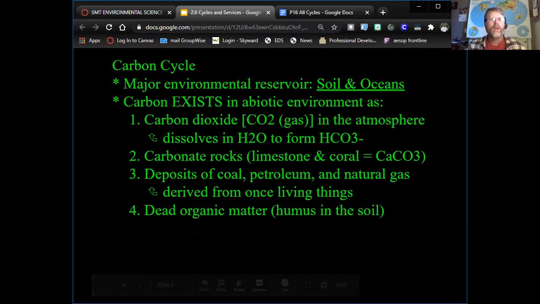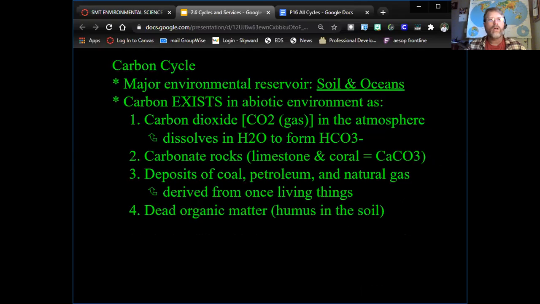Okay, so we started off with the carbon cycle. The majority of carbon is in a reservoir or held in the soil and oceans. Carbon exists in abiotic environment. Okay, abiotic, remember, means no oxygen. So without oxygen gas, carbon dioxide, CO2, is in the atmosphere.